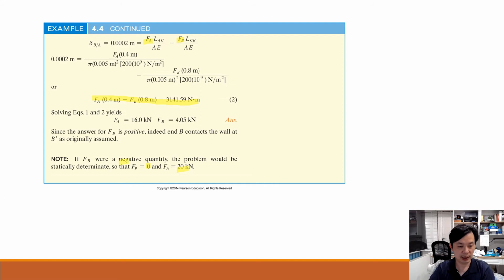That's the meaning: if we get something unreal, there's no contact at B, and we only have a negative quantity, then you can change to the other possible case we described in the previous slides, no contact. But in this case, we find that all are positive, which means the second assumption is the correct one.